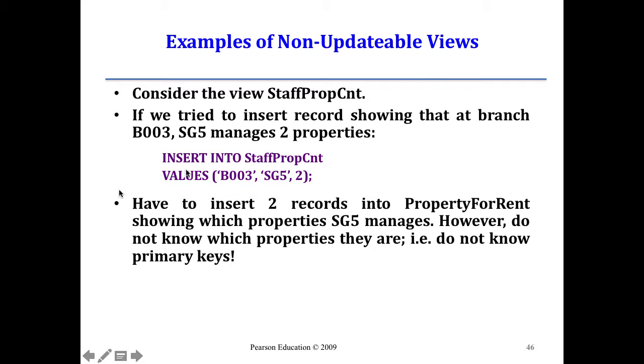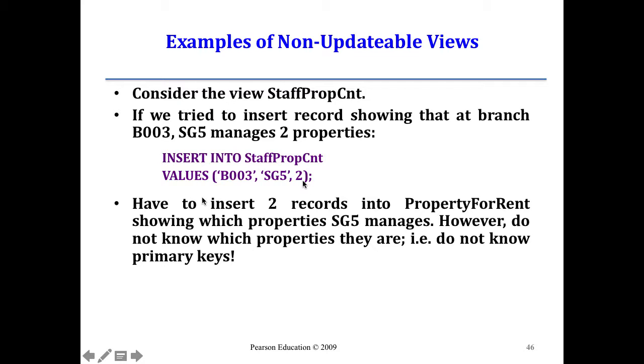where I tried to insert into staff property count the fact that SG5 managed 2, this is a violation of 4. It was using a group by operation to count the number of properties managed by each staff.